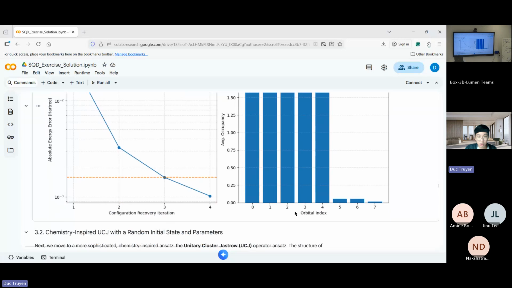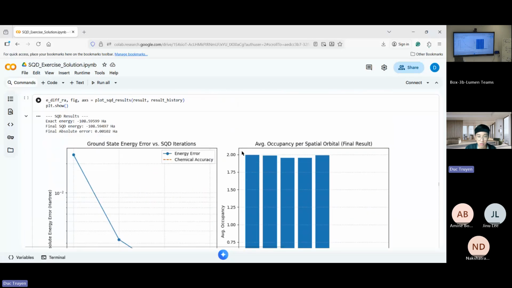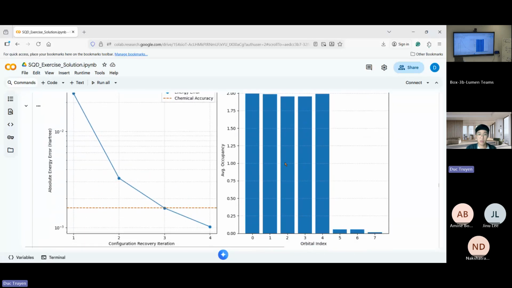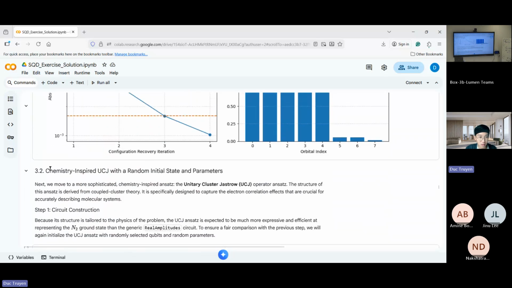The orbital occupancy index shown here shows the probability of how electrons occupy the orbitals. And then we will try to play around with the UCJ, the unitary cluster Jastrow ansatz, that is inspired directly by the Hamiltonian, directly from the problem.